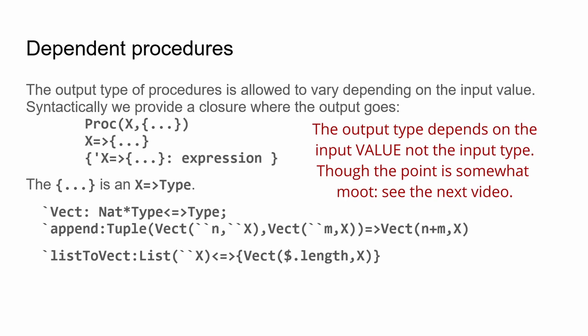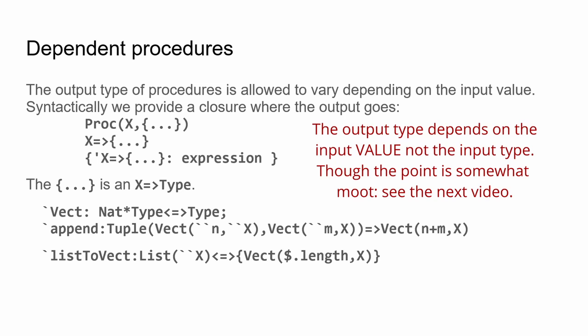And similarly for closures, we put the output type in braces, and we don't need to specify the input and the output, because the input is obviously the input type of the procedure, X in this case, and the output has to be type. So this is implicitly coerced to X goes to type.